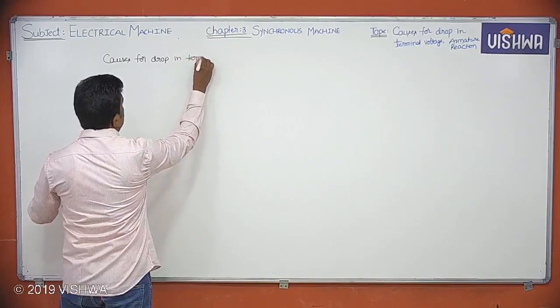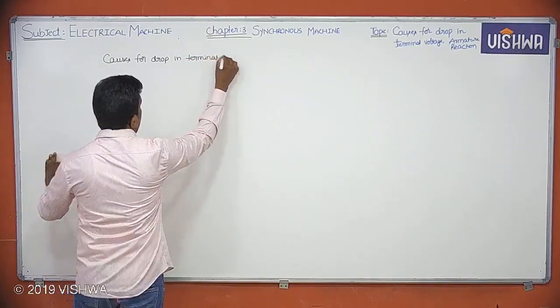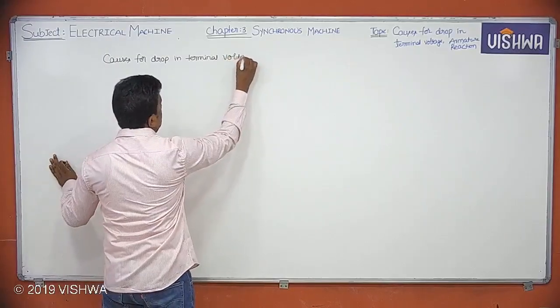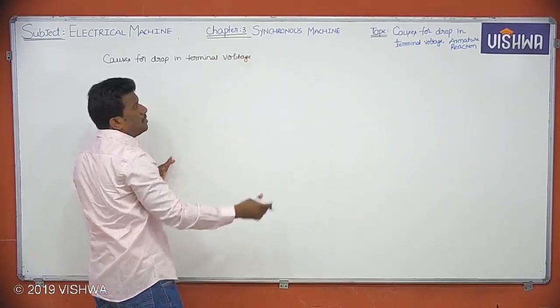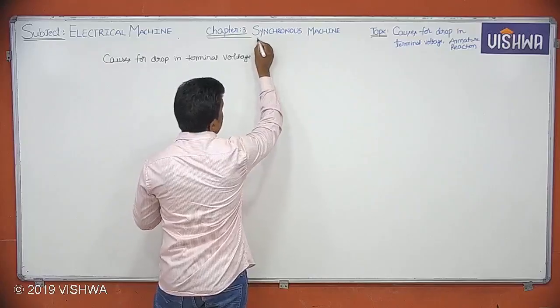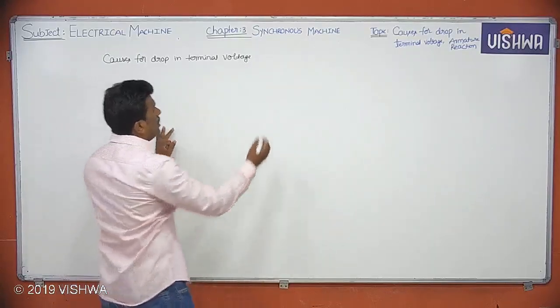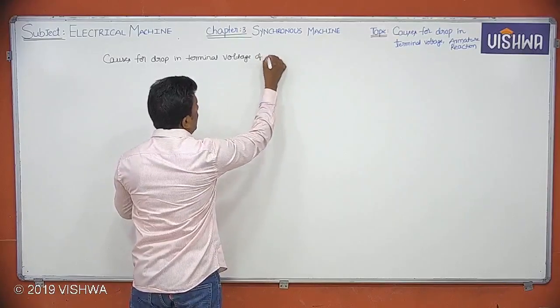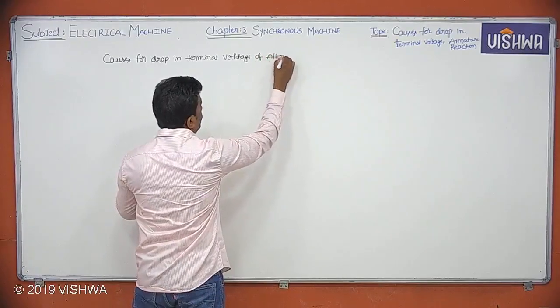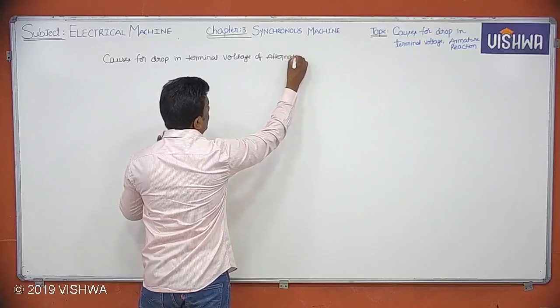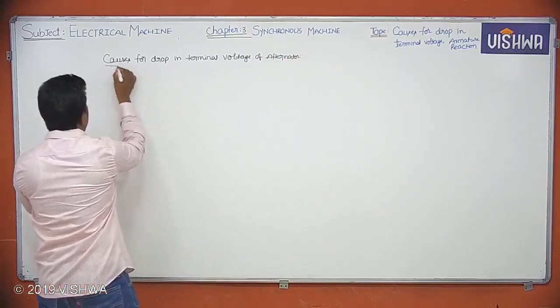Terminal voltage of an alternator. We are discussing it in the synchronous machine chapter. So, causes for drop in terminal voltage of alternator.